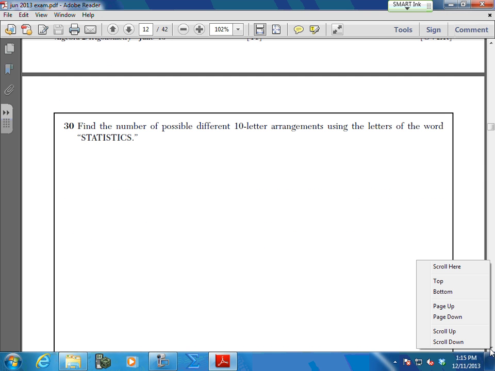Number 30, they're asking for the number of different possible arrangements. Arrangements normally tells us permutations. Different arrangements, because order matters. Now, the problem here is, if you interchange the S's, it still looks like the same word, even though I interchanged those S's.